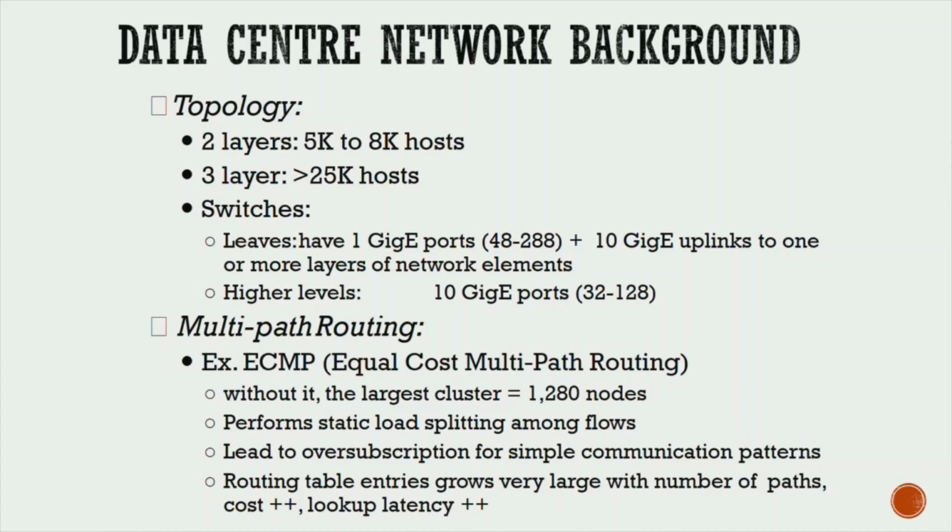And mostly, when you create a multi-level topology, at the higher level you use more powerful switches with more ports. So you use 10 gigabit switches with almost 128 ports. On the lower level, you use 1 gigabit switches with 48 to 288 ports. Why do you think at the higher level we use more powerful switches than the lower level in a multi-layer topology? What could be the reason for that?